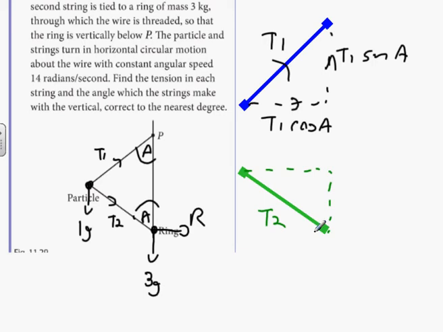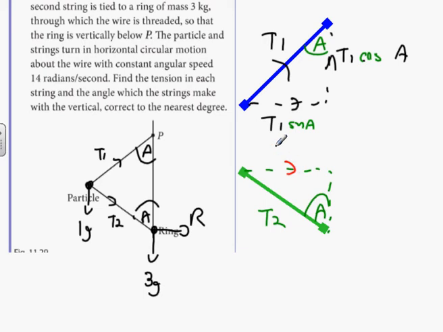What's T2 doing? Oh dear, excuse me, mixing myself up there. The alpha's at the top, so that's going to be cos A and sin A the opposite way around. Now that that's done, we're looking at this here.